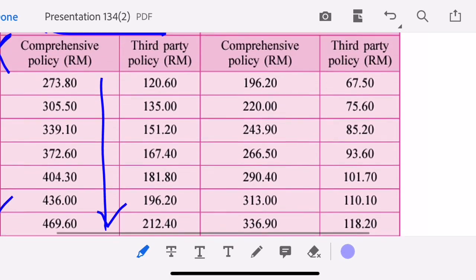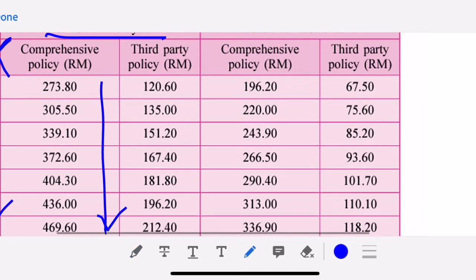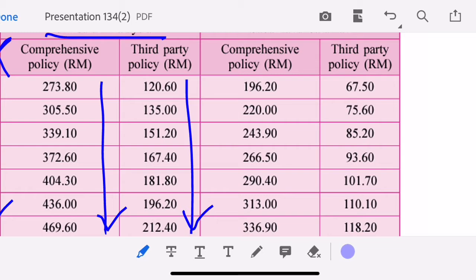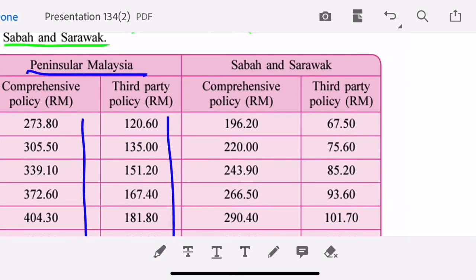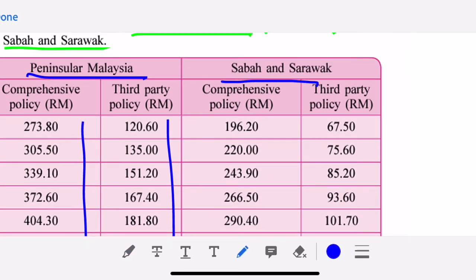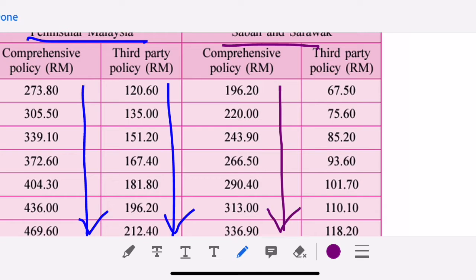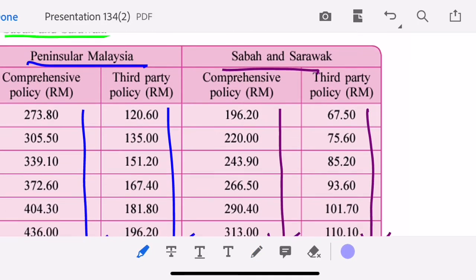And for third party, it seems the premium also increases when the CC increases, right? This is different compared to Sabah and Sarawak. In fact, in Sabah and Sarawak it is cheaper, but it still increases when the number of CC increases.